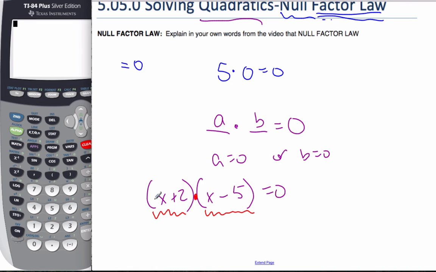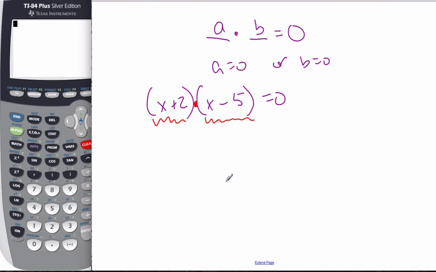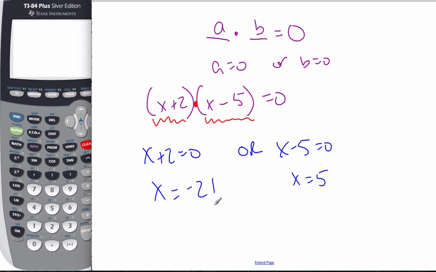So when I multiply this funny looking number x plus 2 times this funny number x minus 5, it has to be 0. Well, the only way to get a product to be 0 is if this number is 0 or this number is 0. And when I solve for x, I add 5. And so this happens when x is 5 or when x is minus 2. And so there are two answers.